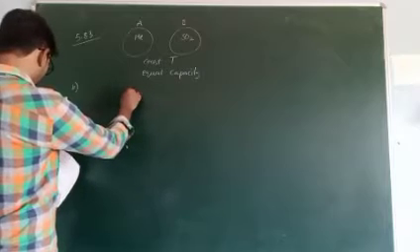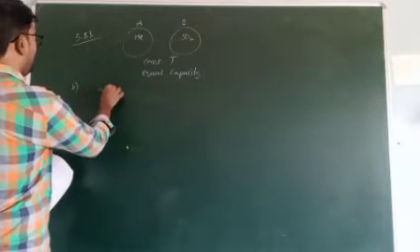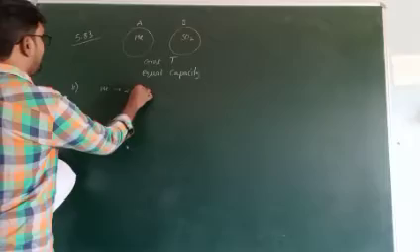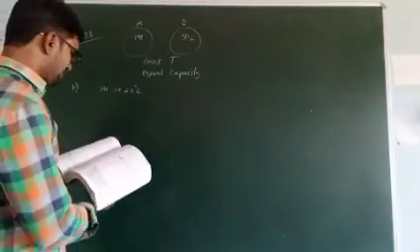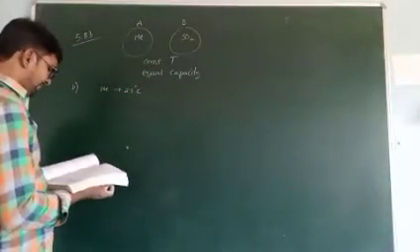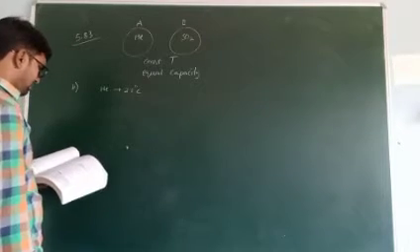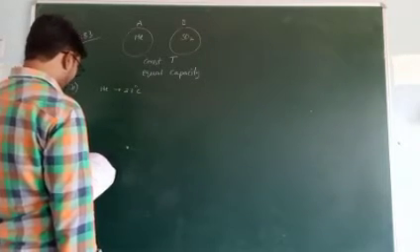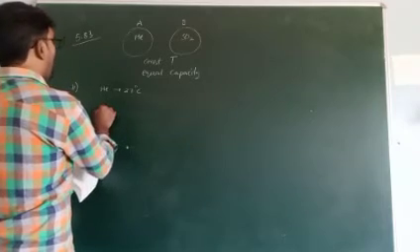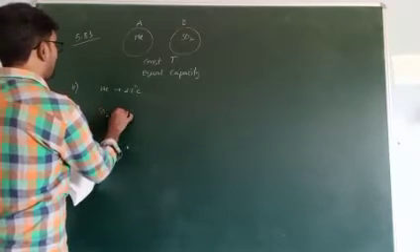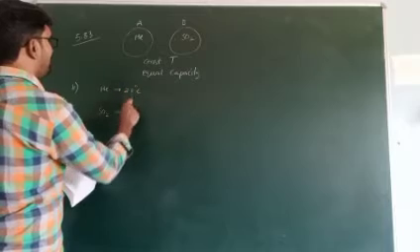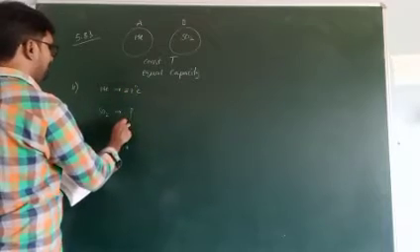So helium is maintained at 27 degrees centigrade. Now temperature is not constant in this case. Remember all very carefully. For what temperature? This is T1, this is T2, or this is TA, this is TB.